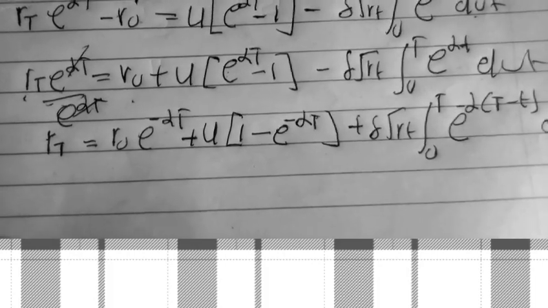Next we are going to find the expectation and then the variance. So we are going to find the expectation of R_T. Previously we said that the expectation of dW_t is equal to 0. So that means this part is equal to 0.